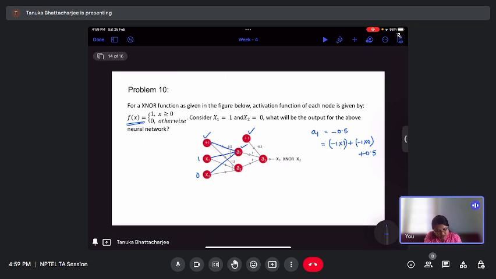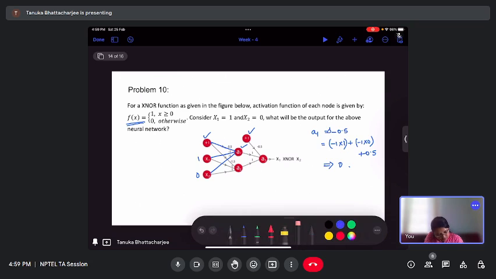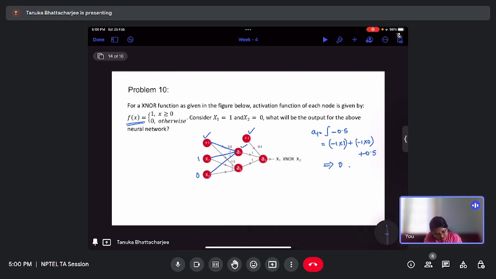Since this is negative, the activation function will lead to 0. I should actually write f of this. So, that is 0. A1 is 0.